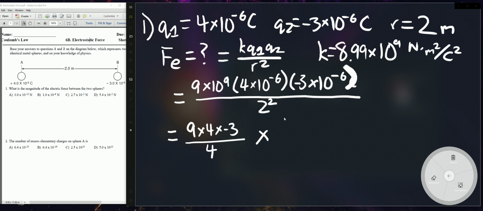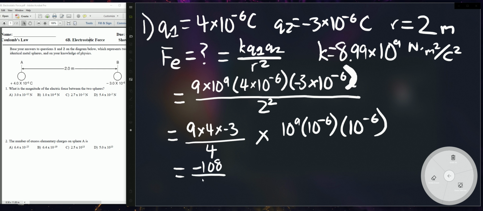And I'm going to multiply this by 10 to the 9, 10 to the negative 6, 10 to the negative 6. So 9 times 4 is 36, times negative 3 is going to give you negative 108, divided by 4. The rule for multiplying exponents is that you add them.